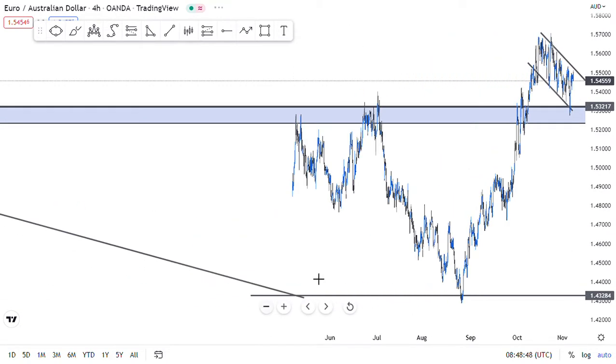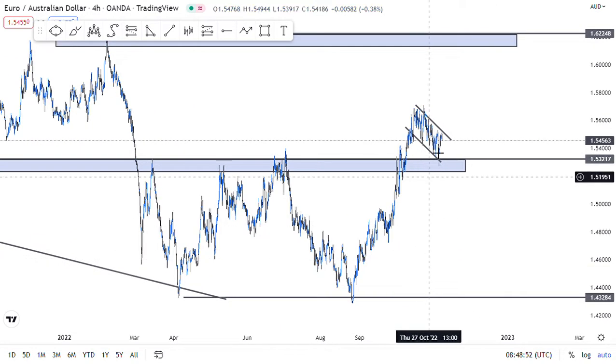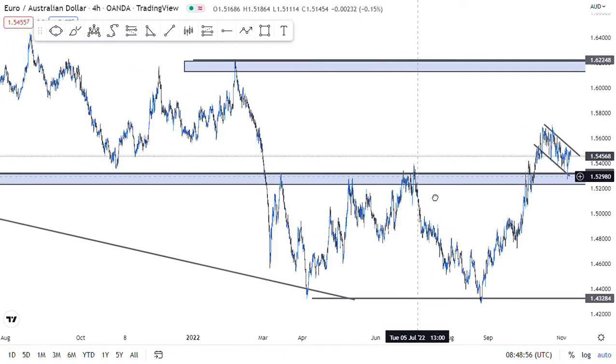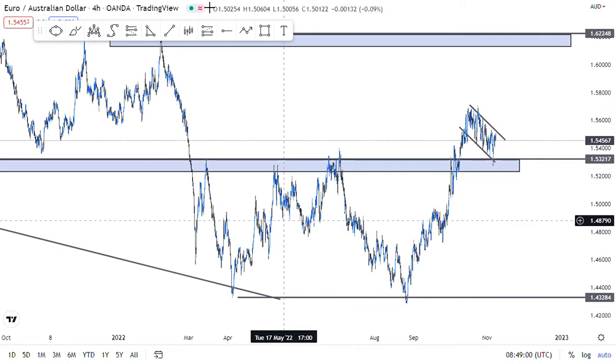But the market is overtrading right here at this point. On H4, what are we seeing? You are still seeing the double bottom.